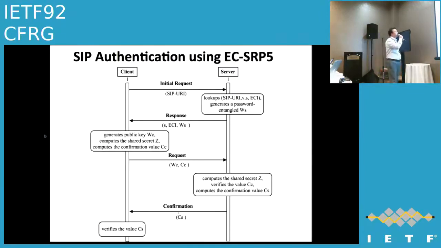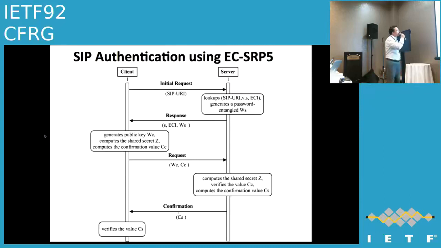The server then makes a lookup according to the SIP URI, gets the password verifier, starts ECSRP. After that, it generates the password-integrated public key WS and responds to the client with it.